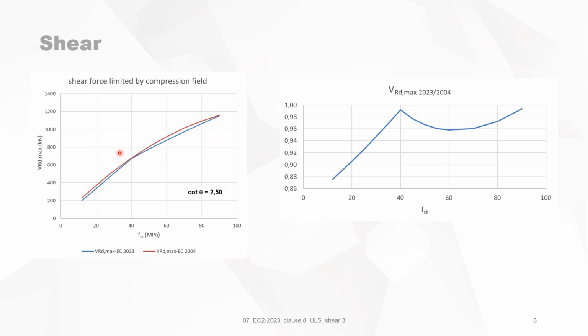When we enlarge the difference, and we take on the y-axis the maximum shear force calculated through the version of 2023 divided by the value calculated through the version of 2004, you will see that in all concrete classes, the maximum allowable shear force due to the compression field is smaller in the new code, but that difference is not very high.